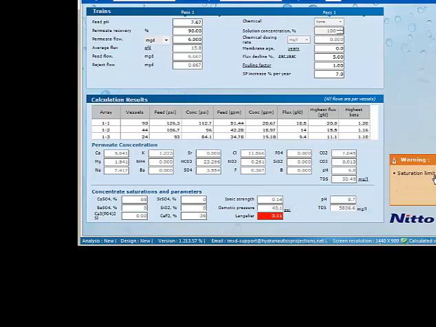So we do have a saturation limit exceeded, and so it looks like we're going to have some scalant that could be built up onto the periphery of the membrane, and probably would need to use a chemical anti-scalant. So it'll still run without that, but that Langelier saturation index is quite high, and so we may want to consider putting that into our system.